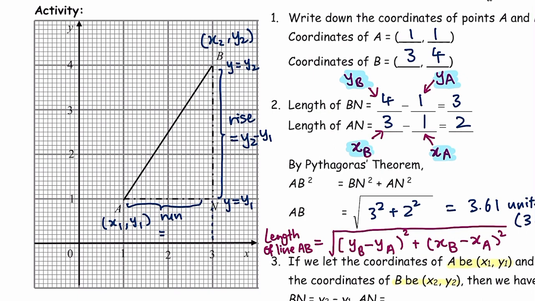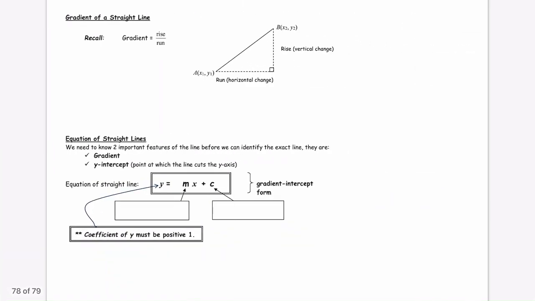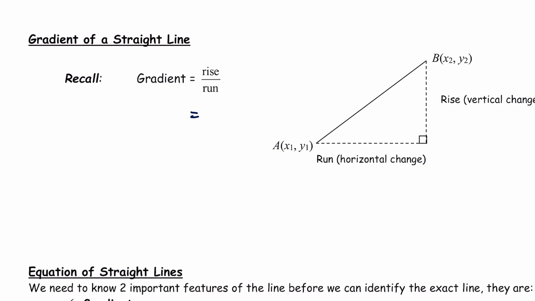We're just going to take it as x2. And then over here for point A is x1. So the run is essentially just x2 minus x1. So if we were to put this into the rise over run formula that we used in sec 1, we're going to get gradient equals y2 minus y1 over x2 minus x1. So this gives us a very neat way of finding gradient of a straight line.